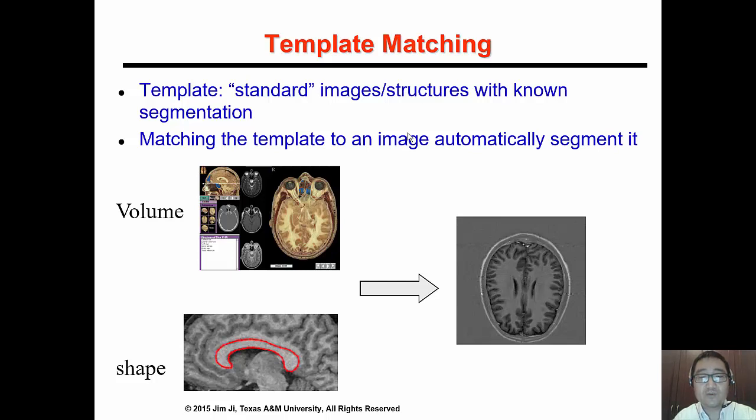One example of using this prior knowledge is template matching. A template is basically a standard image or structure with a known segmentation. We can match the template to an image, and therefore you would have automatic segmentation. The template could be a volume template like a standard brain. It could also be a shape, like the shape of a heart or some other structures.